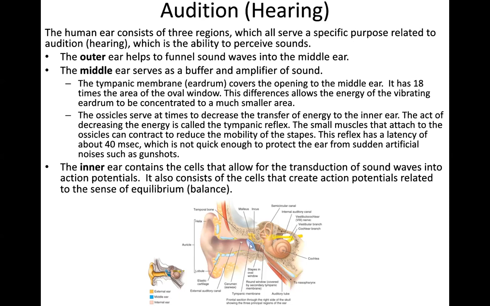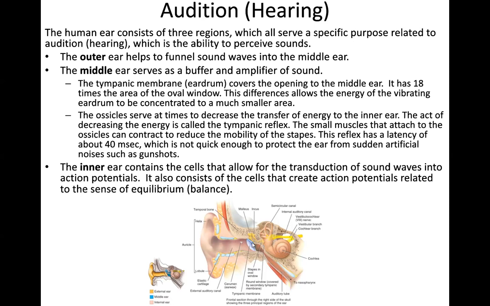When they strike the tympanic membrane, they transfer those sound waves inward to what's called the cochlea, thanks to the malleus, the incus, and stapes. If you notice, the malleus is attached to the back of the tympanic membrane, then the incus is attached to the malleus, and then attached to the incus is the stapes, which covers up what we call the oval window, which leads into the cochlea.